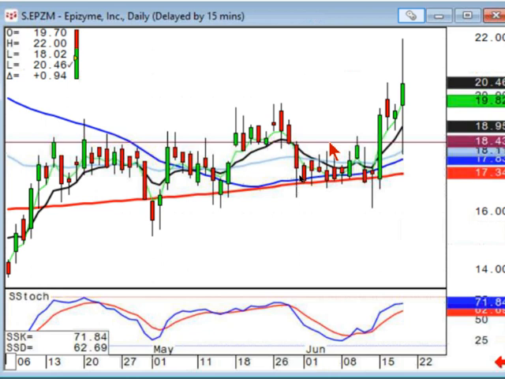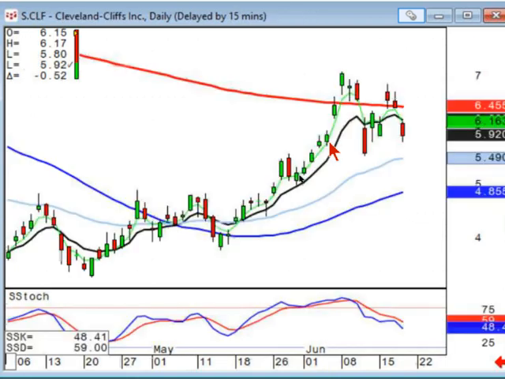EPZM, a long-legged doji. Makes it very simple. If it opens lower, you close it out. It needs to open positive and trade positive. Oh, and if it's not the best looking chart, go someplace else, Gary. There are other charts where you don't have such a questionable situation as to whether to get back in or not.